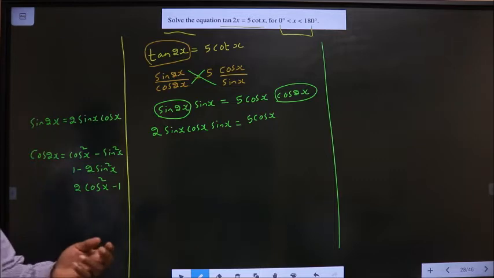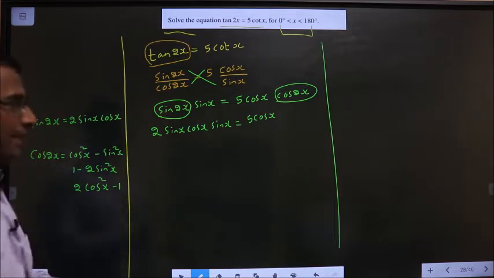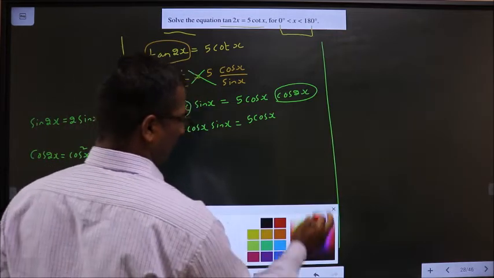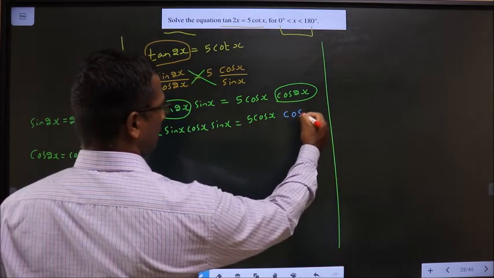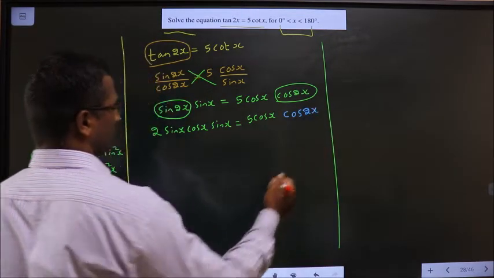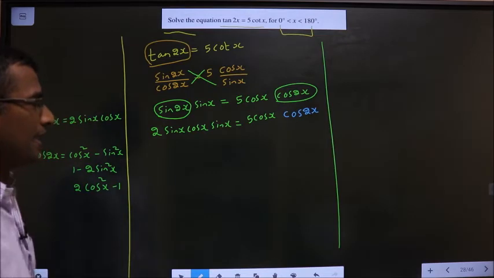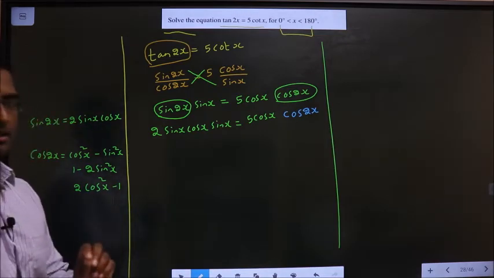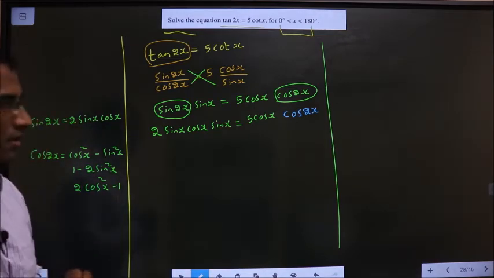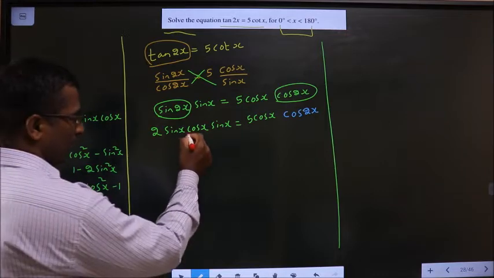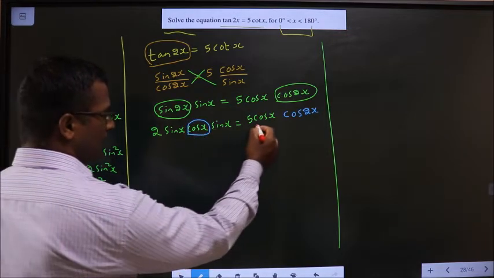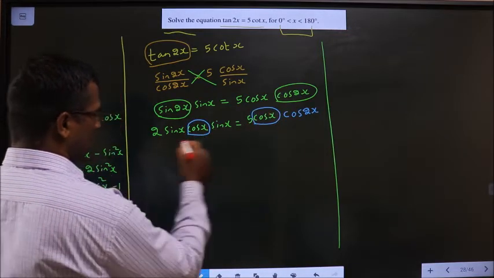In that case I will replace it later. So cos 2x, no change. Now look at this entire equation. Does anything cancel out? Yes. I have cos x on this side, and cos x also on this side.